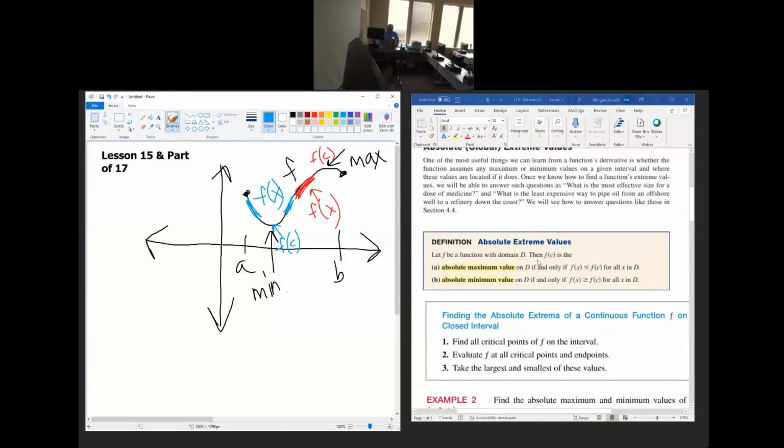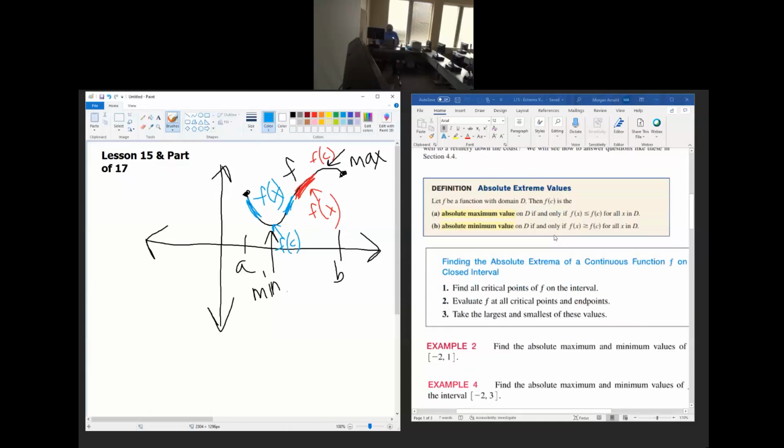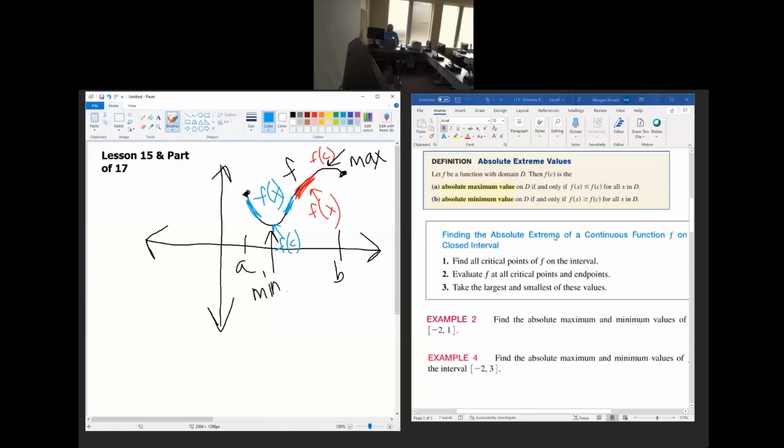You can find absolute extrema not only graphically, but algebraically. And let me go over the steps with you. Step 1, find all critical points of f on the interval. A critical point is when your first derivative is 0.